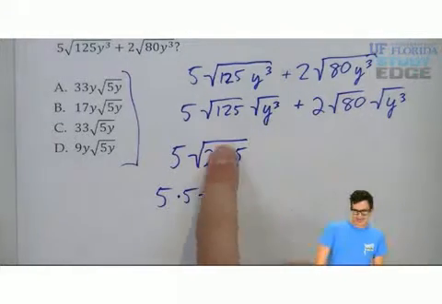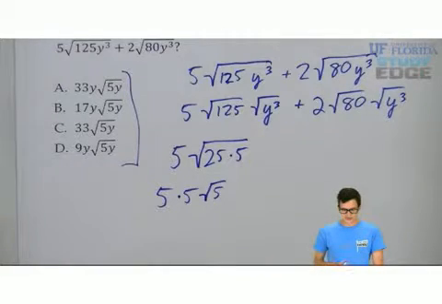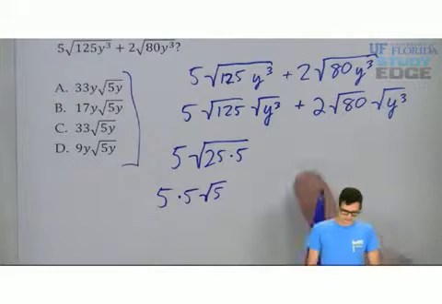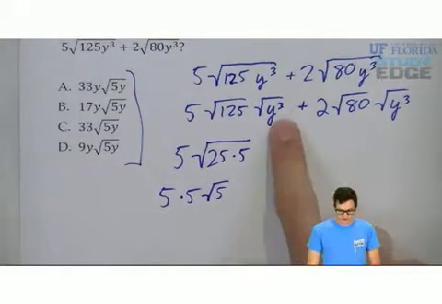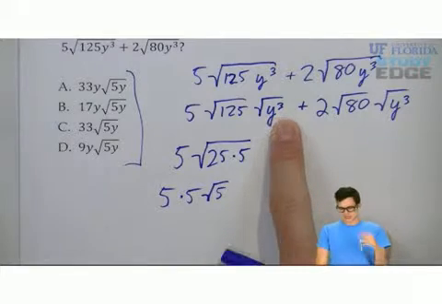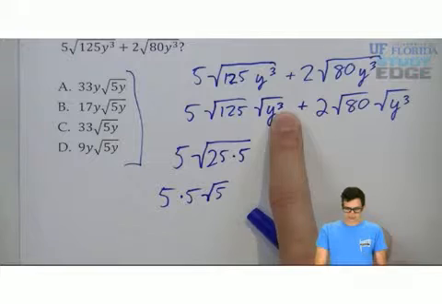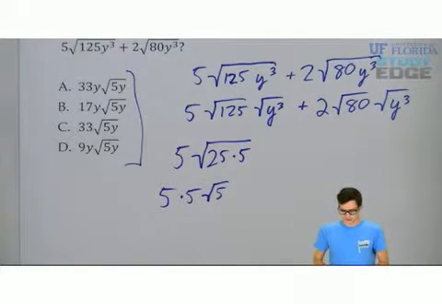All right, the reason I did this is because I wanted to do the numbers first. The numbers work differently than the variables do. The way that I simplify a variable under a square root is I need to look for the biggest even number that is less than this exponent here. The reason is that I'm just going to cut the exponent in half when I take the square root.